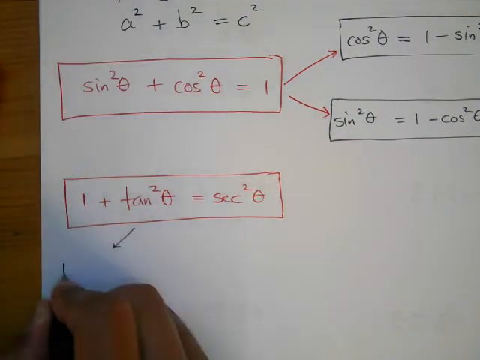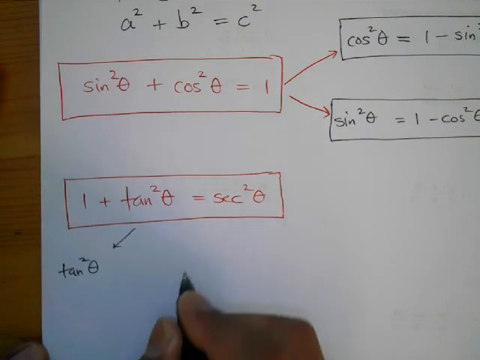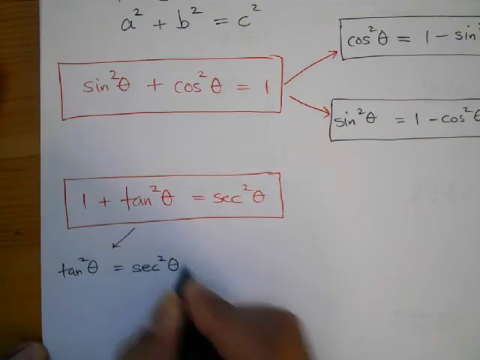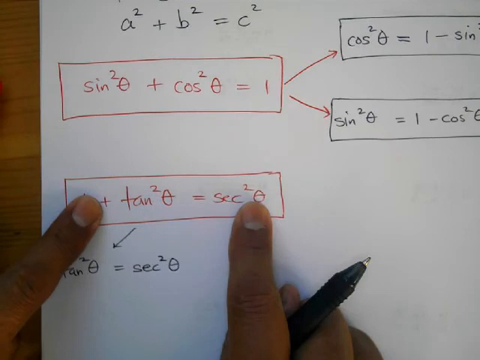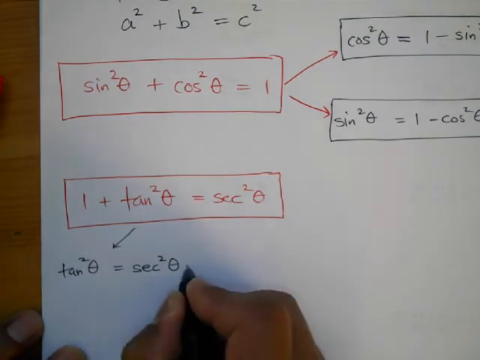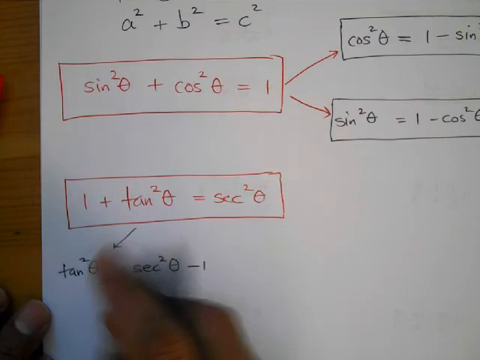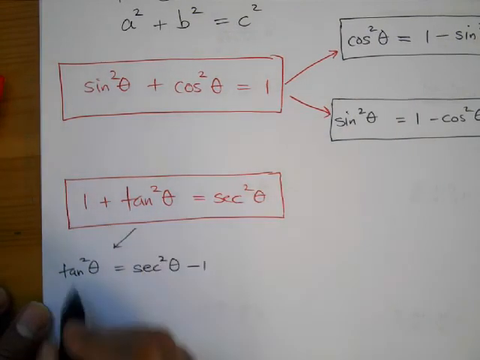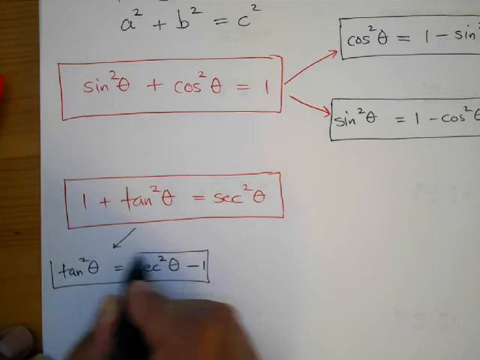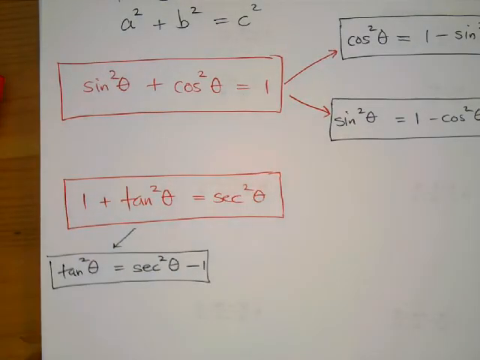If I solve for tan squared and move this over, tan squared is equal to secant squared, and this positive 1, when you move it over to that side, would be minus 1. So this is another form of this one, right? It's just moving the 1 over to that side. It's not two different formulas.